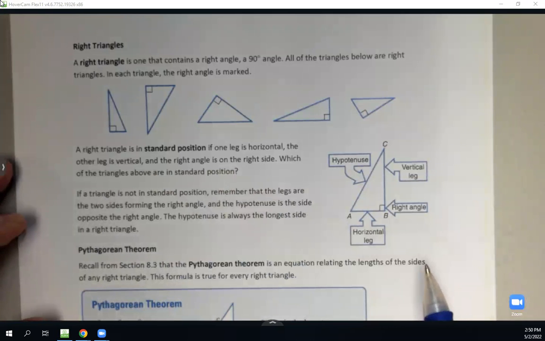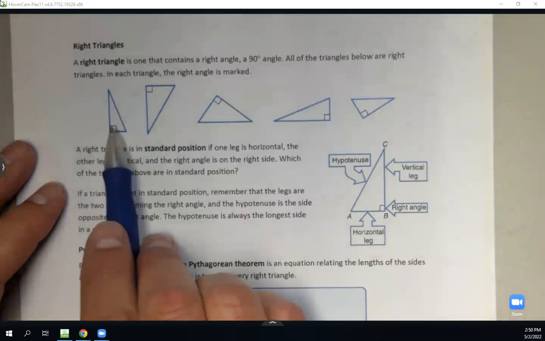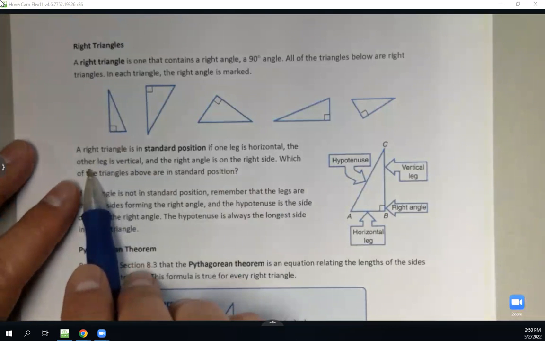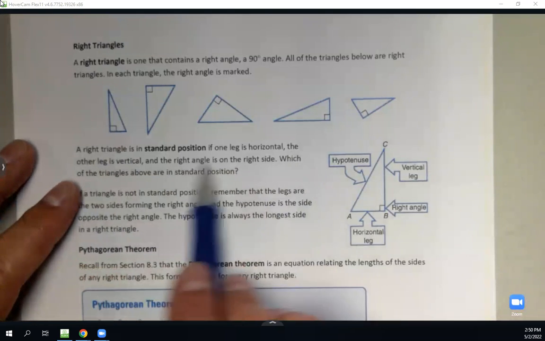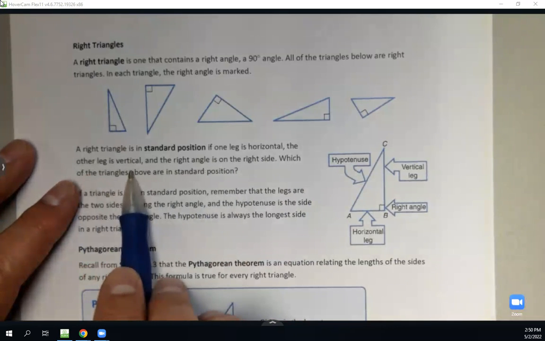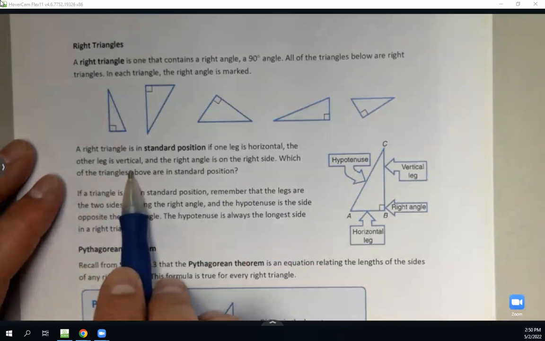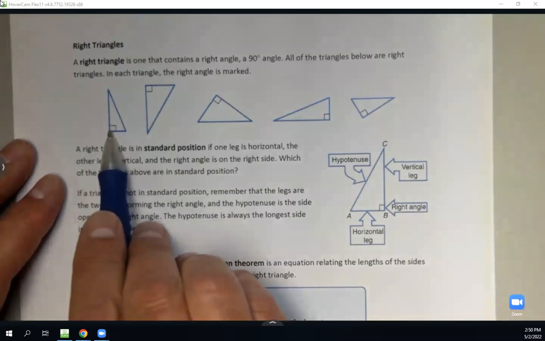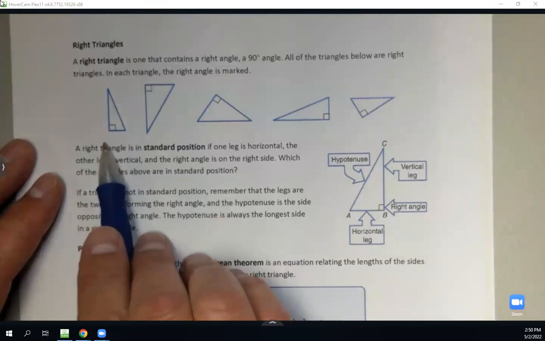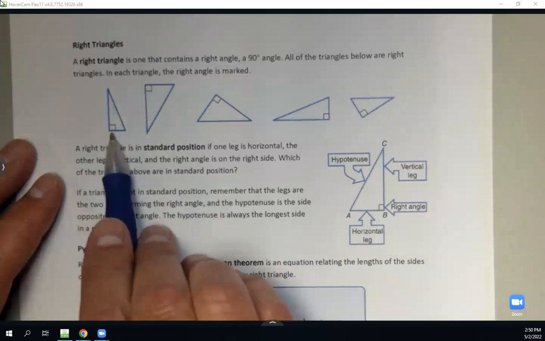Okay. So if you look at this triangle, what were our rules? One leg's horizontal, the other's vertical, and the right angle is on the right side. So we have this leg is horizontal, this leg is vertical, but the right angle is on the left side.